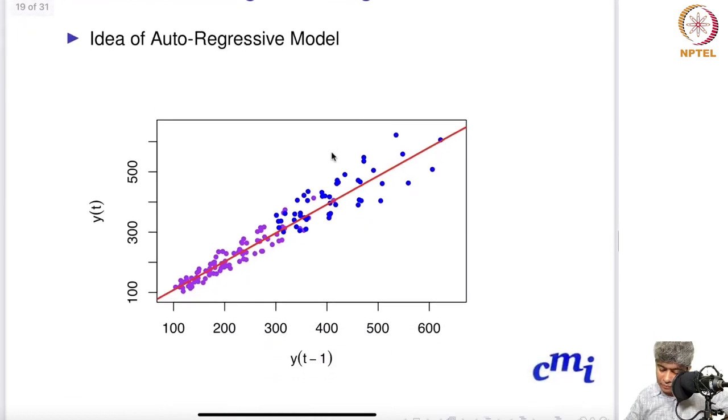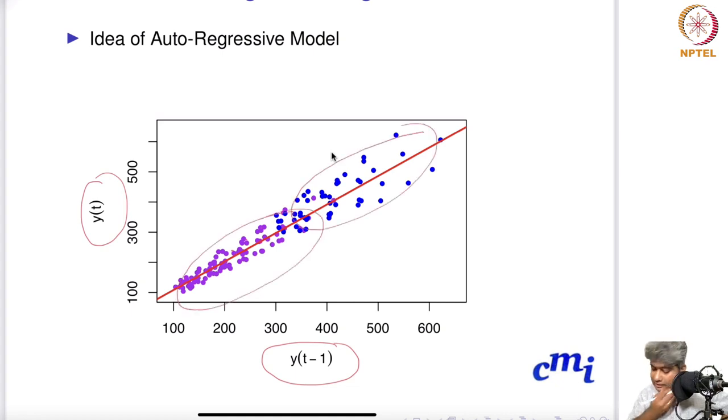Now you see, if you just plot on the y-axis yt minus 1 and the yt, you can clearly see that there is an increasing trend. These purples are training points, and these blues are test points.